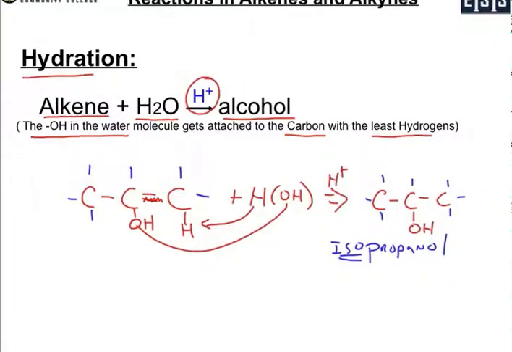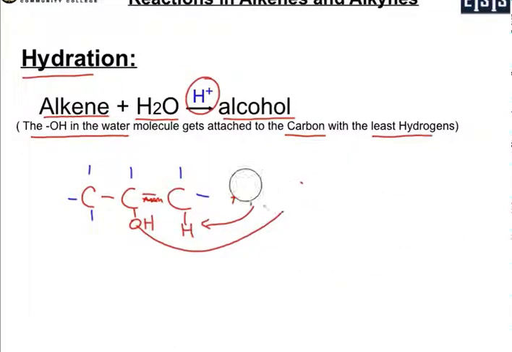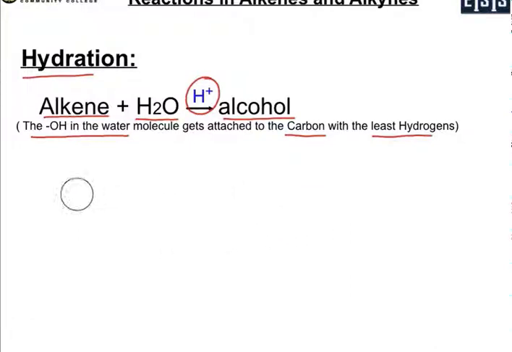There might be a situation where both carbons have the same number of hydrogens on them. So let me give you an example: if you had this arrangement, which is butene, and I put in my hydrogens in green here, you'll see on the double bond, the carbons both have one hydrogen. So neither of them is favored; they're both the same.